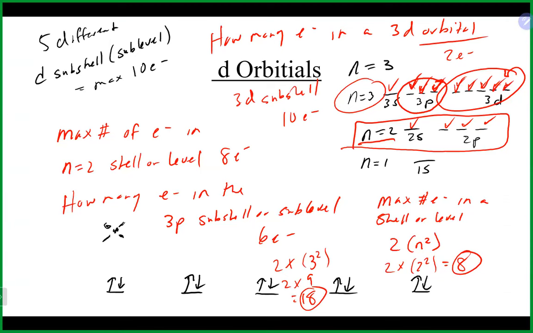So if you want to know quickly how many electrons there would be on a particular energy level or shell, you just take the n number, square it, and multiply it by 2. That's really good for something like n equals 6, right? You take 6 squared, which is 36, times 2, and that gets you like 72-ish, without having to draw all the little dots and lines. Any questions on that?